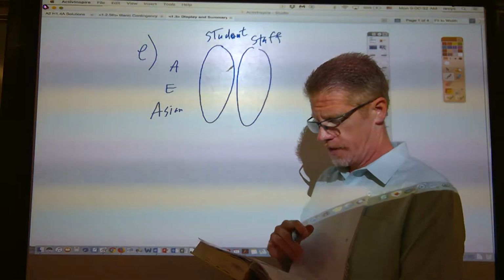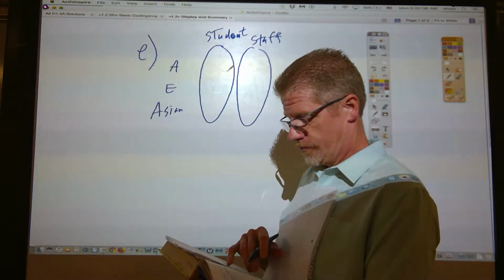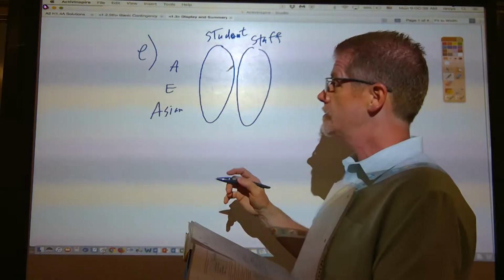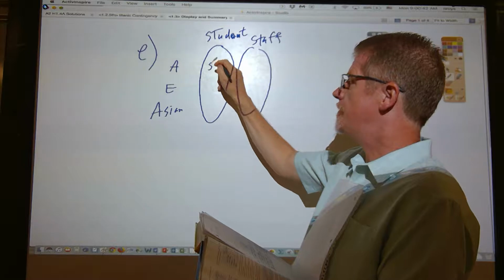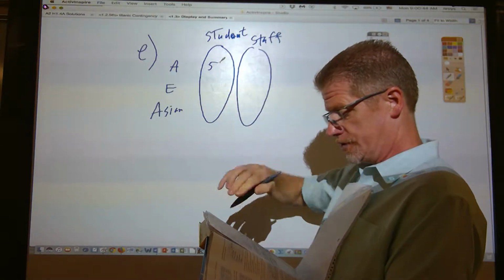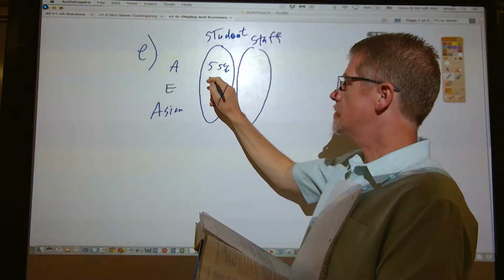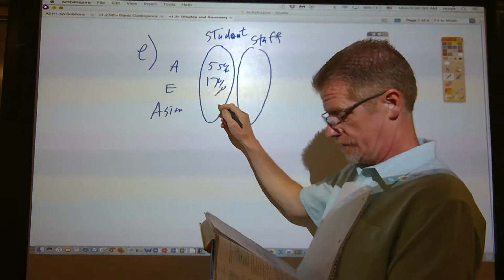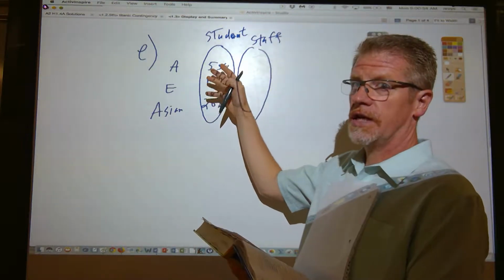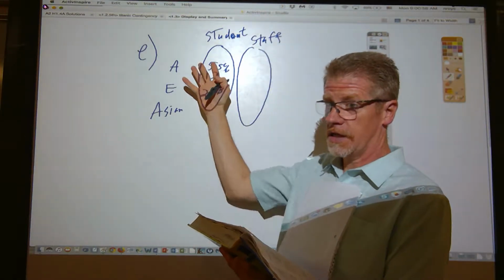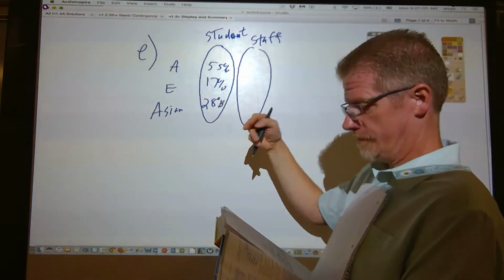So this student looks like he did a good job. The student wrote for student, it's American 55%, European 17%, and Asian 28%. The student had it written out in sentence form, not like this, but full credit on that for that distribution.